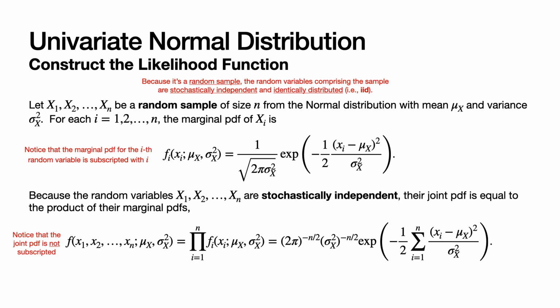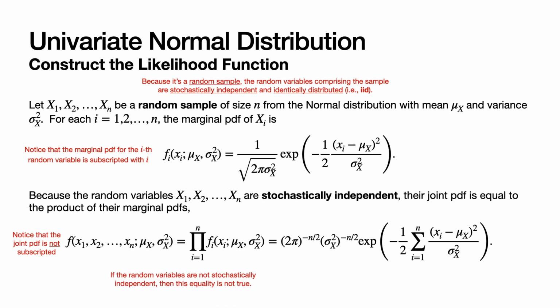And so that helps us to differentiate between these various functions in this construction. So again, because the random variables are stochastically independent, their joint PDF is equal to the product of their marginal PDFs. This fact allows us to construct the joint PDF very easily. And so when we carry out that multiplication, we get the expression on the right-hand side.